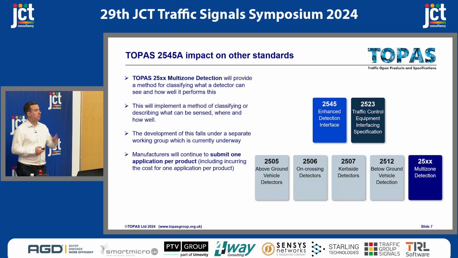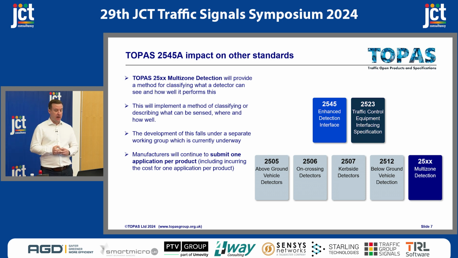It's being led by Mark Cladell, sat over there, and I know Mark is keen to speak to people about that as well, so the working group has just started for that. And Mark touched on the point in the movie user group asking for information and metrics about the current performance of above ground detection. So if you have any thoughts on that or information on that, Mark will be keen to speak to you about that.